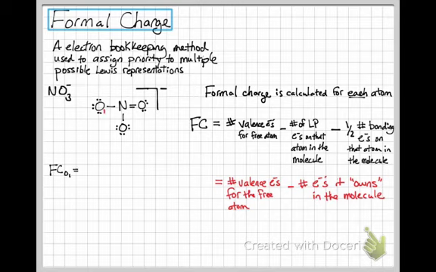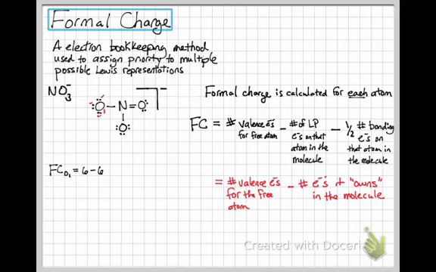We'll calculate the formal charge on oxygen number 1, and we find that oxygen, if we look in the periodic table, counting from left to right to oxygen's position, has 6 valence electrons, minus, in this case, it has 3 lone pairs, and there's 2 electrons, of course, in each pair.